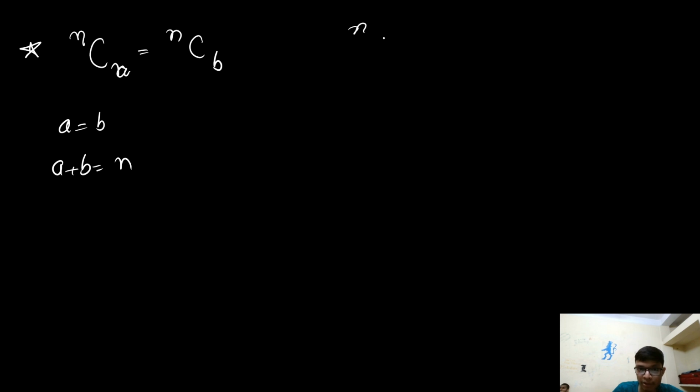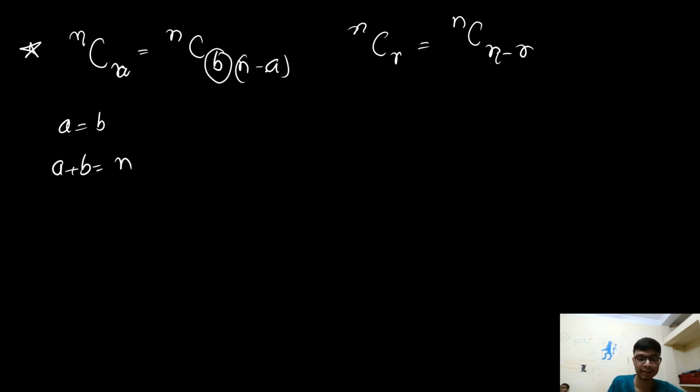ठीक है, ये क्यों होता है? बिकॉज वी स्टडीड अबाउट इंपॉर्टेंट कॉन्सेप्ट nCr is equal to nC(n−r). So from here we can write this b as n minus a. That means this b is equal to n minus a. Then in this case b plus a is equal to n. So there can be two equations from this particular binomial coefficient equality.